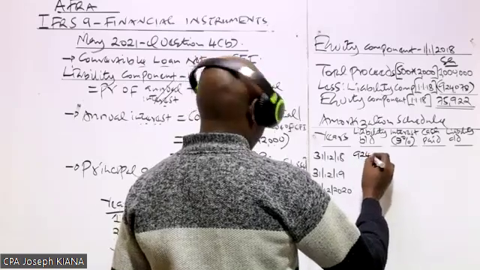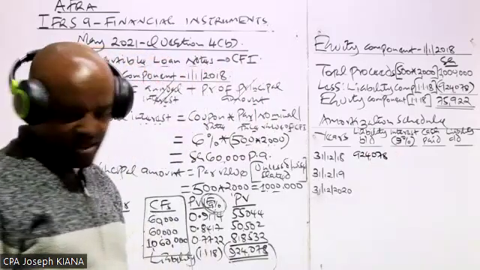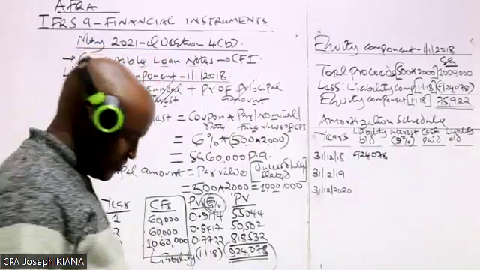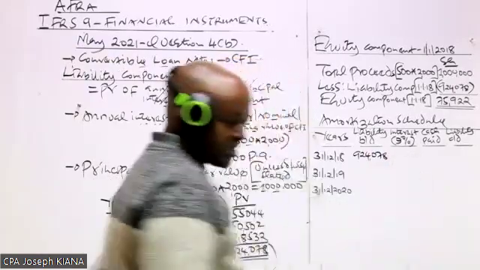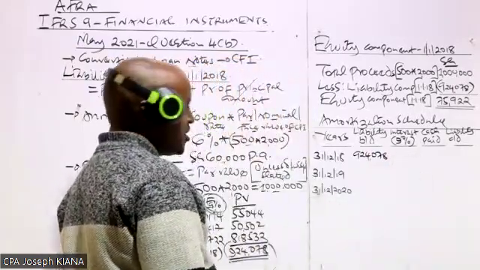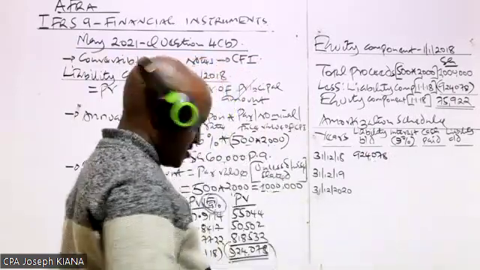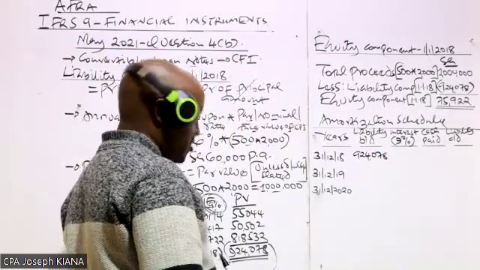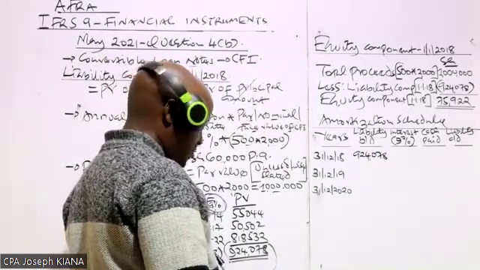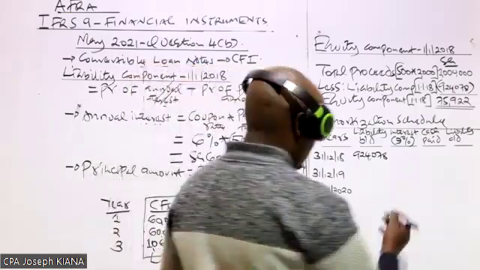924,078. Then what do we do next? We compute our interest, which is supposed to be recognized as an expense in the income statement. The interest will be 9% of the opening balance, 9% of 924,078.